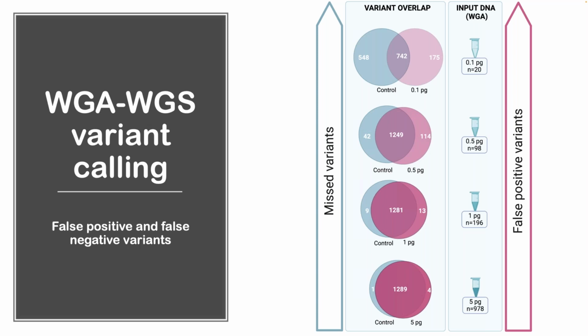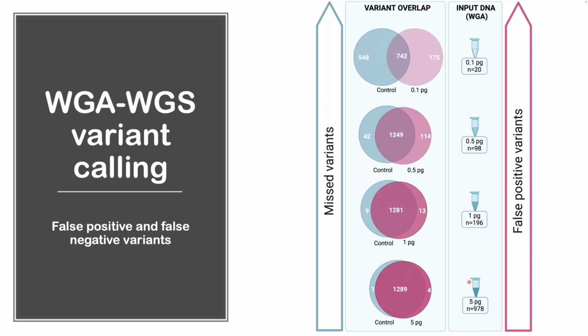So using a pairwise comparison of the variants observed in the control sample and each of the droplet WGA samples, we could determine the false positive and false negative variants for each input amount of DNA, where false negative variants were those only identified in the control sample and thus missed in the whole genome amplified sample, and false positive variants were those that were only found in the amplified sample but not in the control, indicating possible amplification artifacts.